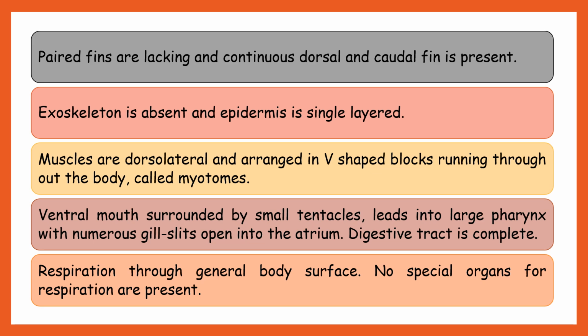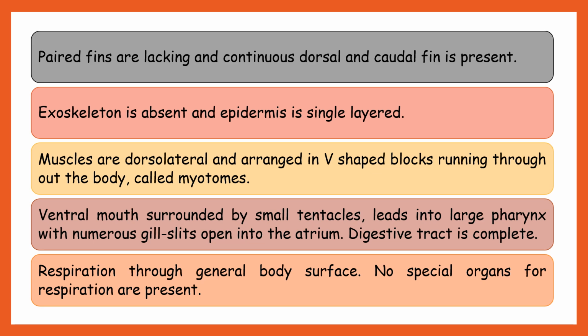Muscles are dorsolateral and arranged in V-shaped blocks running throughout the body, known as myotomes. Ventral mouth is surrounded by small tentacles, which we already saw in the previous slide, and leads into a large pharynx with numerous gill slits opening into the atrium. Digestive tract is complete.